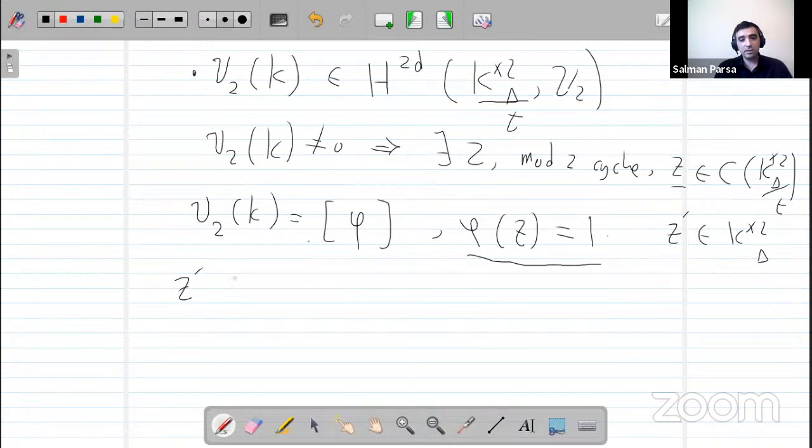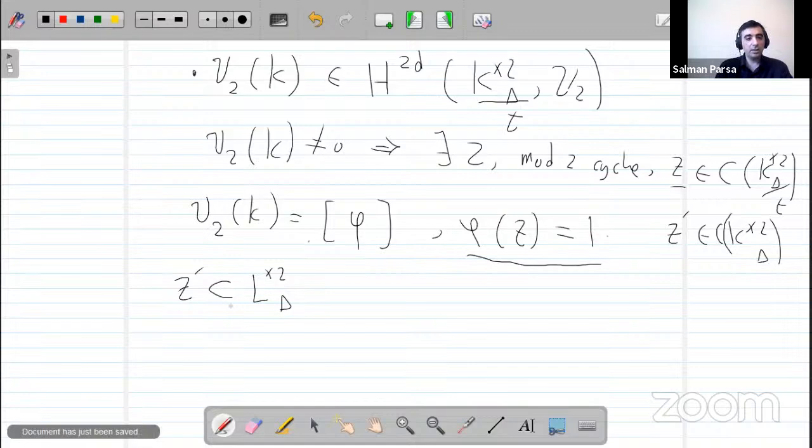So if this Z prime turns out to be, let's say, some subcomplex L, and it is equivariant, as you say, so it will be equivariant, right?